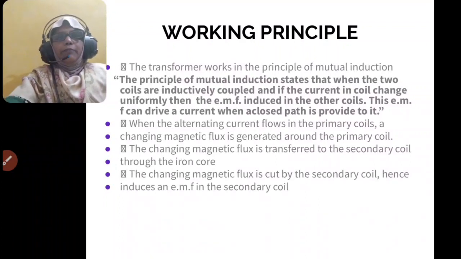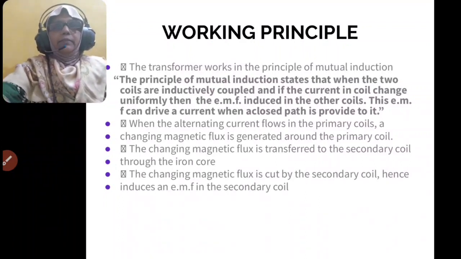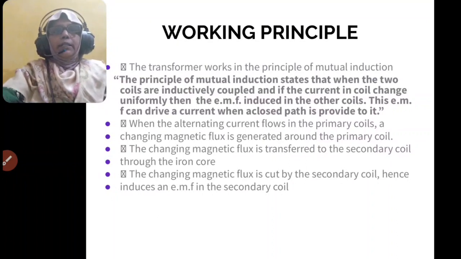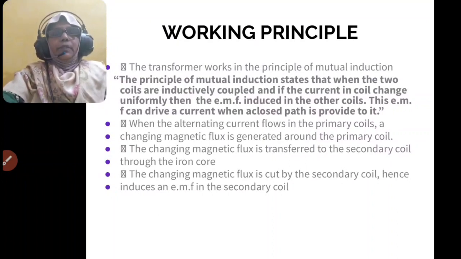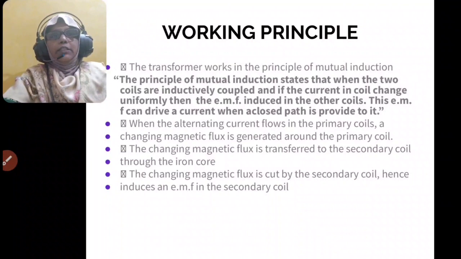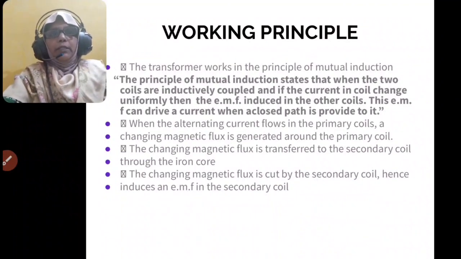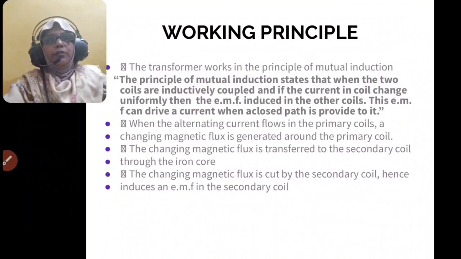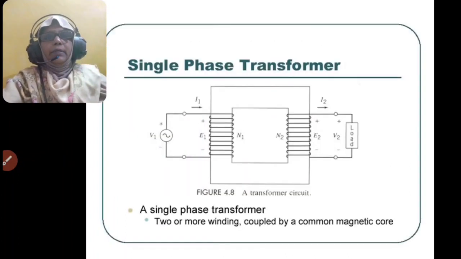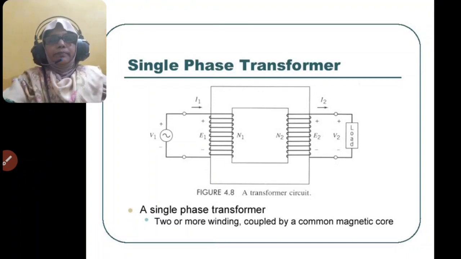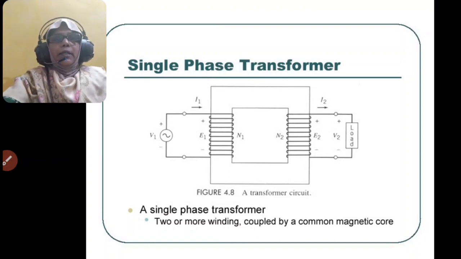The principle of mutual induction states that when two coils are inductively coupled and if the current in one coil changes uniformly, then an EMF is induced in the other coil. This EMF can drive a current to flow in the second circuit, if the circuit has a closed path.